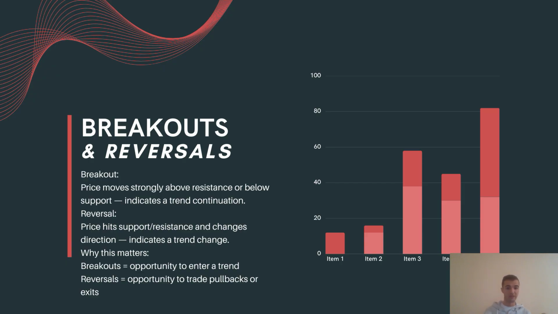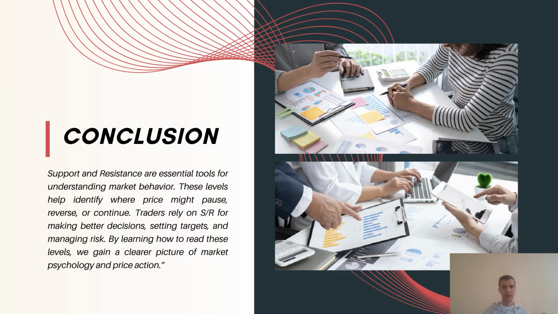Swing traders focus on buying near support and selling near resistance. Day traders use SR on a small time frame to plan intraday moves. Even algorithms and institutional traders use SR. It's one of the few concepts that works across all time frames.